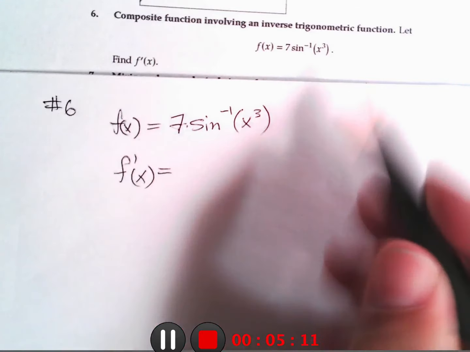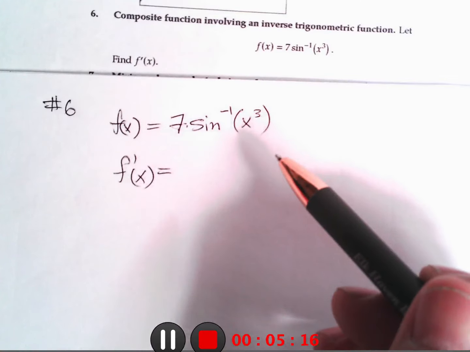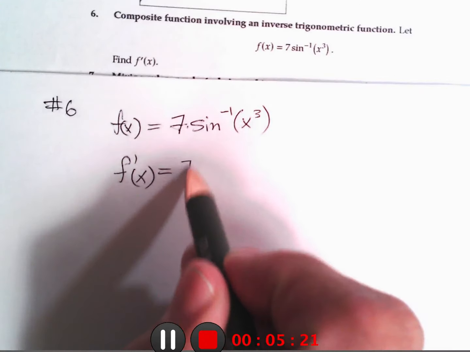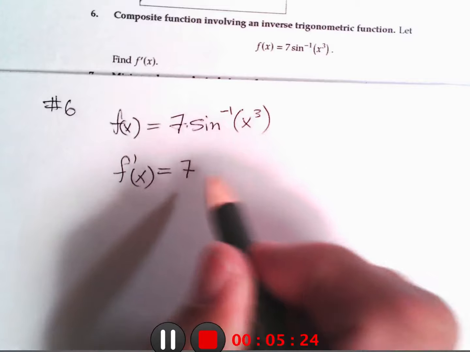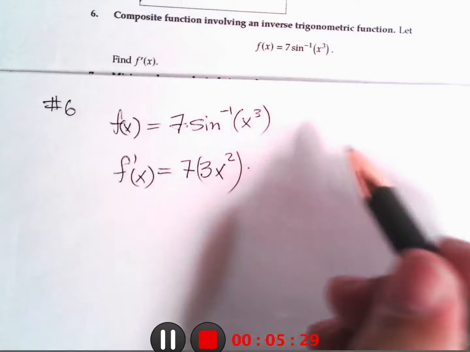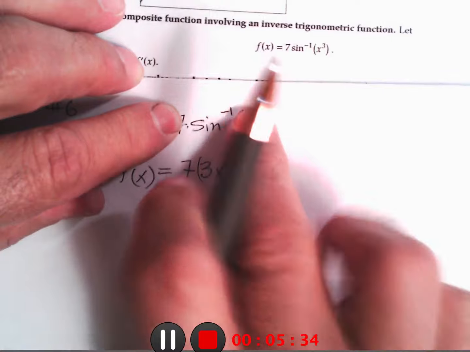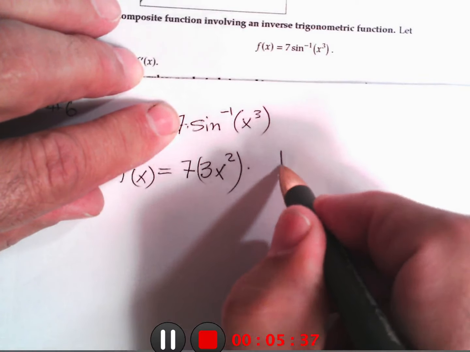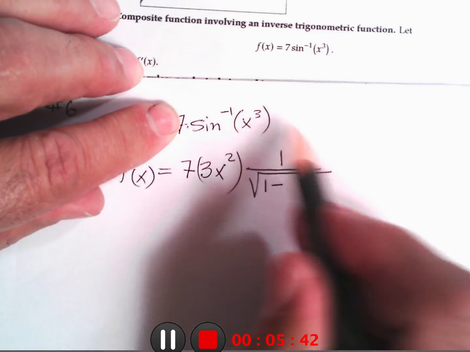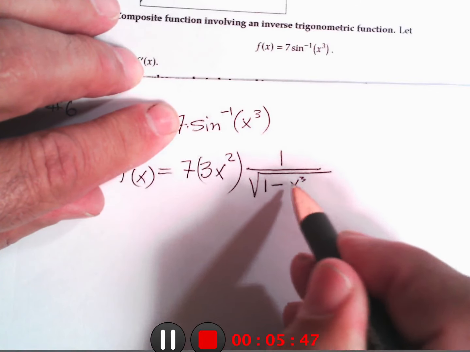But we have the sine inverse function, and inside that we have x cubed. So we'll do the derivative of the inside, keep the 7. The derivative of the inside is 3x squared times the derivative of the bigger picture, sine inverse of something. And the derivative of sine inverse is 1 over the square root of 1 minus the something squared. So that would be x to the third, squared.